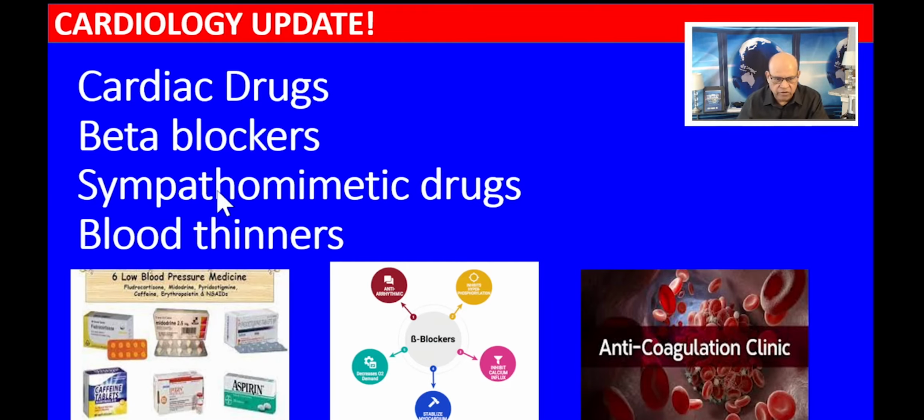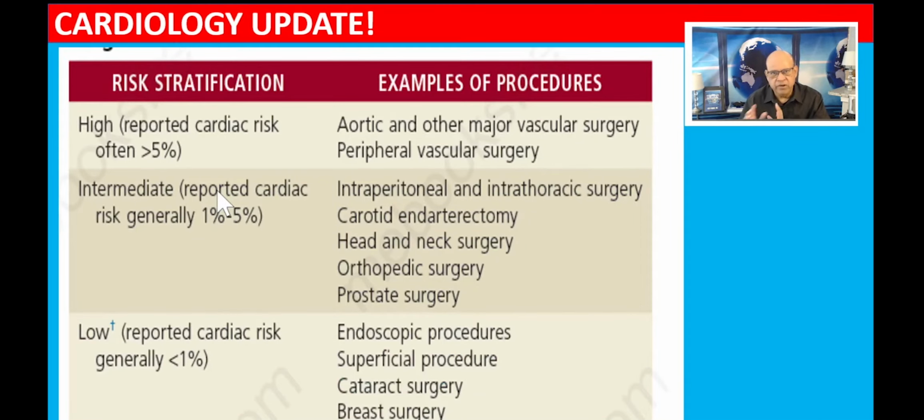So let us look at some other things. And when you look at the perioperative risk of cardiac patients going for non-cardiac surgery, it also depends upon the type of surgery. If a person is going for, for example, an aortic valve replacement or a major vascular surgery, which could be up to 5% mortality.